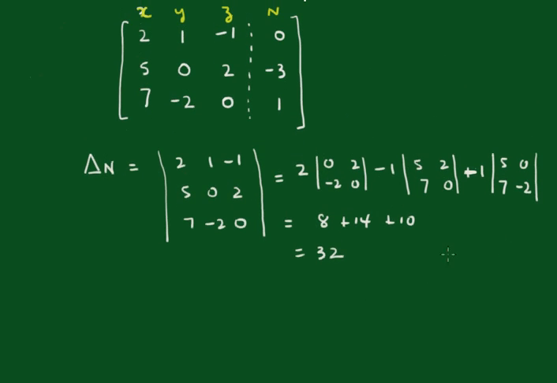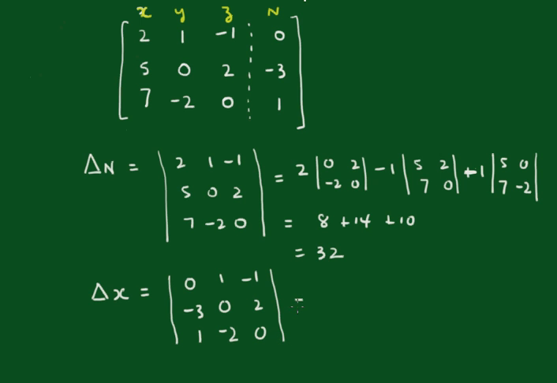Now, the next one is the delta x one. Now to do that, we take the number column and replace the x column with the number column. So we'll just have it like this. That now becomes 0, minus 3, 1, and then 1, 0, -2, minus 1, 2, 0.